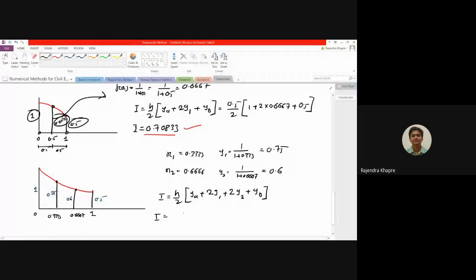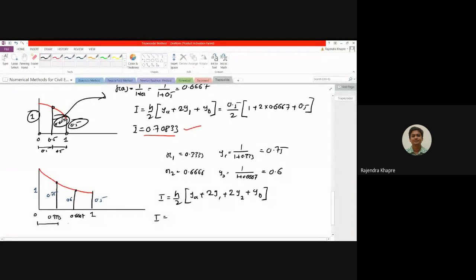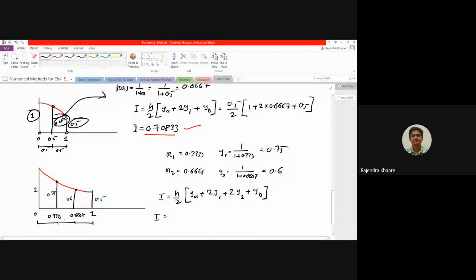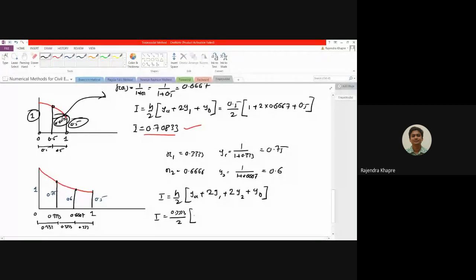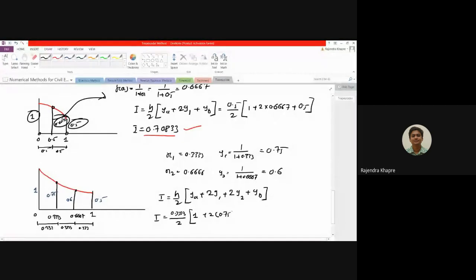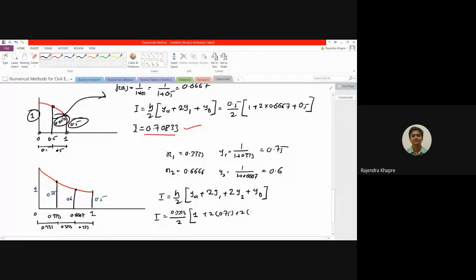Here h is the interval between consecutive values of x, so it is 0.3333. So 0.3333 divided by 2 into ya, which is 1, plus 2 times y1, which is 0.75, plus 2 times y2, which is 0.6, plus yb, which we have already calculated as 0.5.